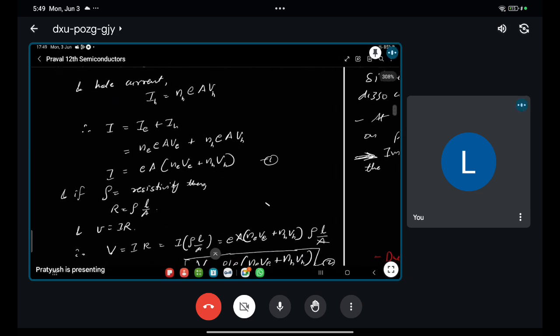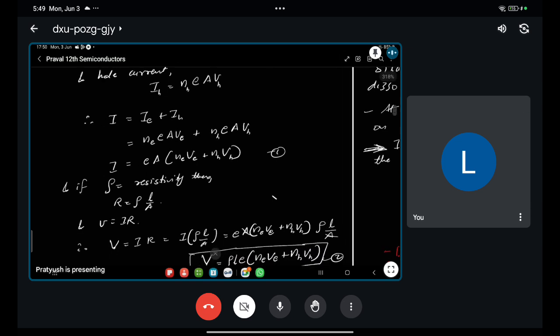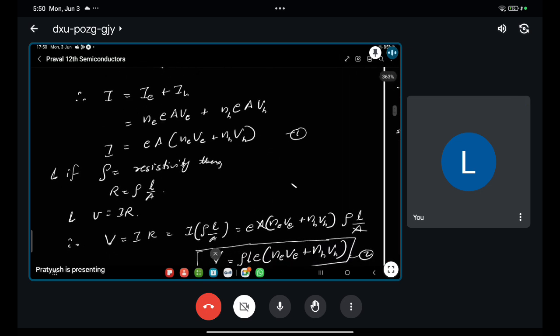We know that if rho is the resistivity, then resistance is rho L by A. And we also know that V = IR. So here apply Ohm's law, V = IR, and instead of R, write rho L upon A. Instead of current, write down the above derived value.